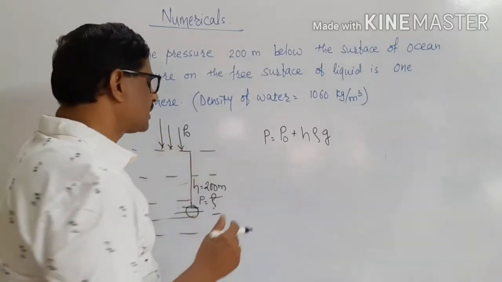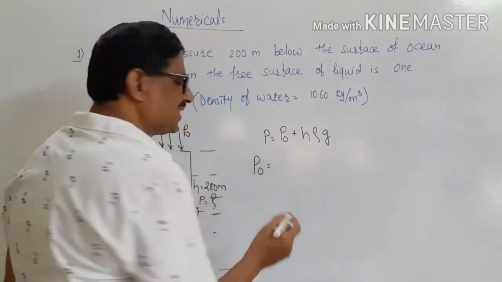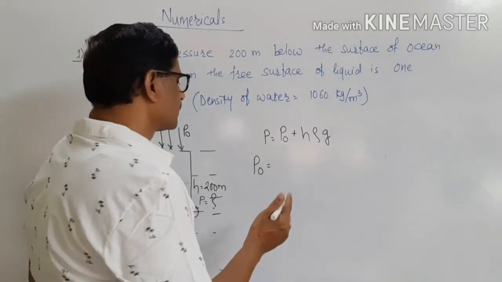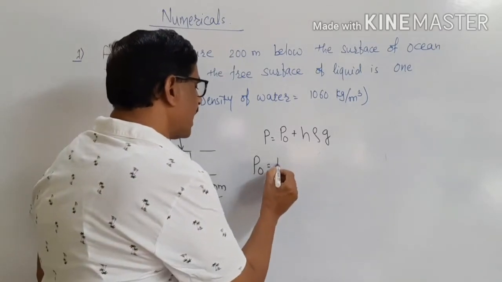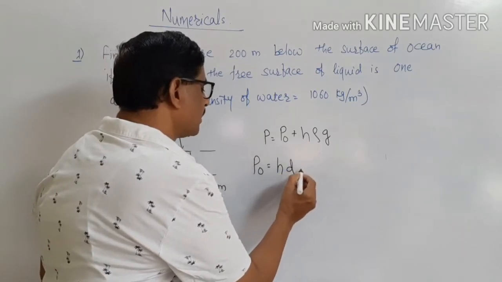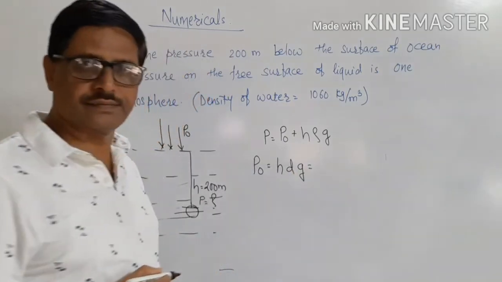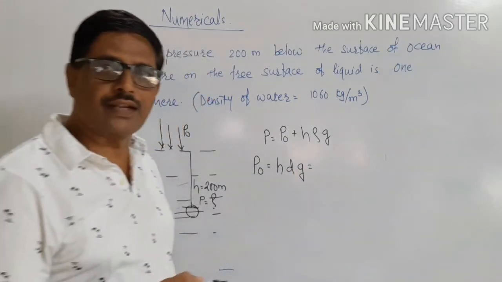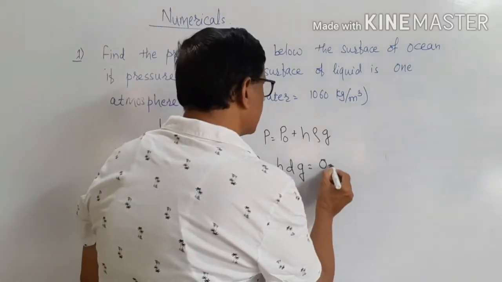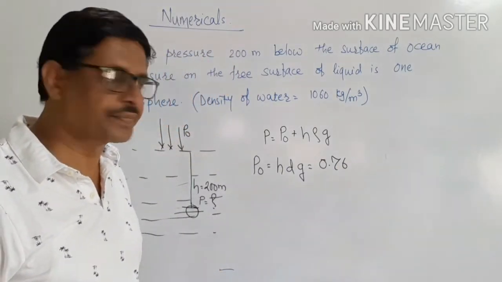One should remember that the atmospheric pressure, which can be measured with the help of barometer, is height of mercury in the barometer h, density of mercury in the barometer d, and acceleration due to gravity. At normal atmospheric pressure, height of mercury in the barometer is 0.76 meter, that is 76 centimeter.